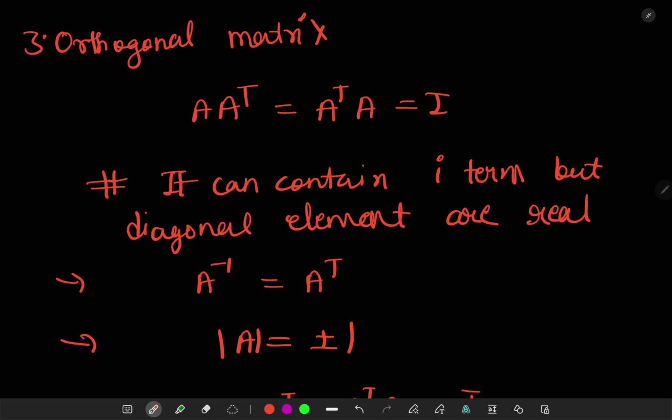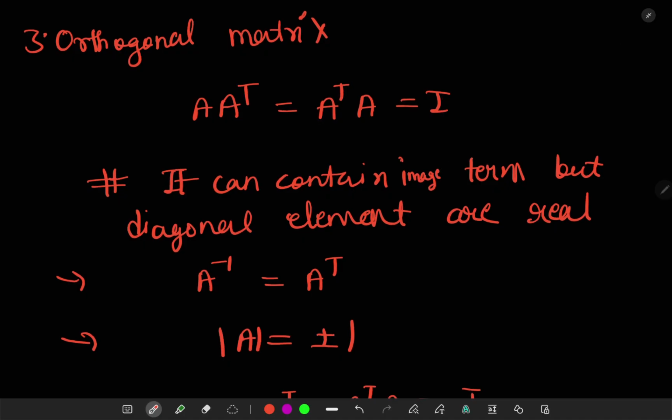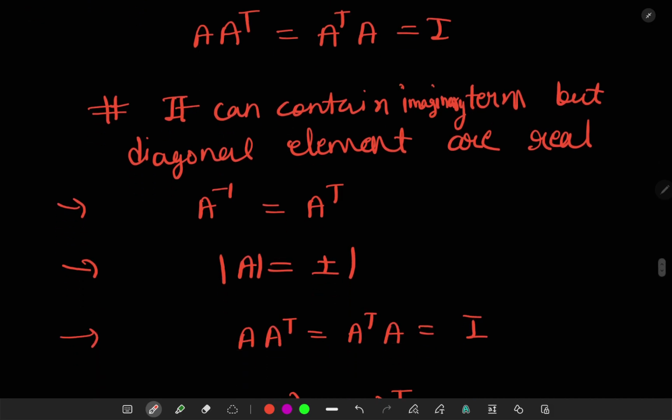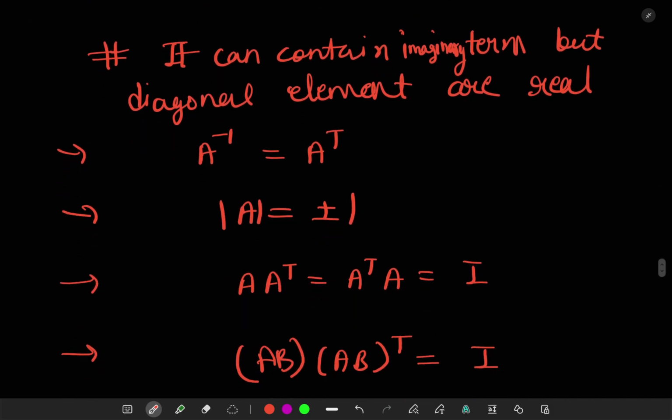It can contain imaginary terms, but diagonal elements are real. Now if we take matrix A inverse, it is equal to A transpose, which is a property of an orthogonal matrix.